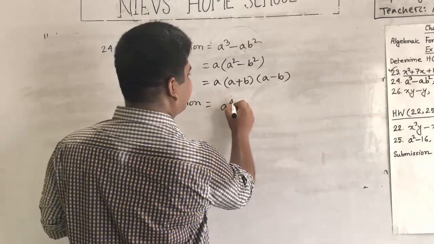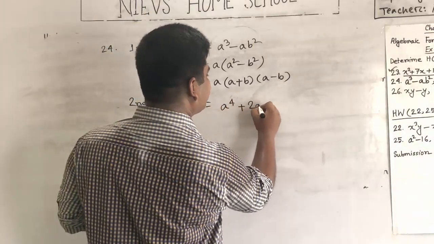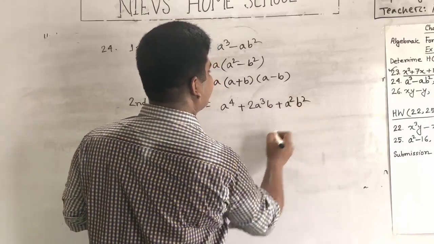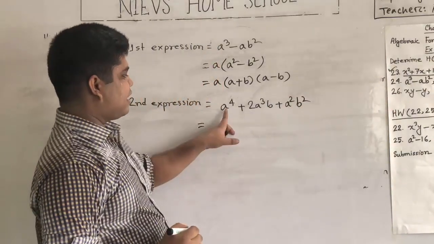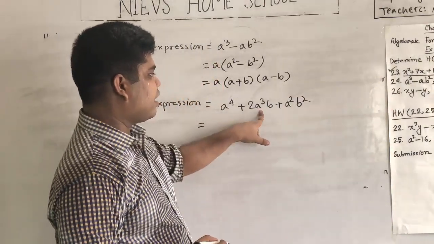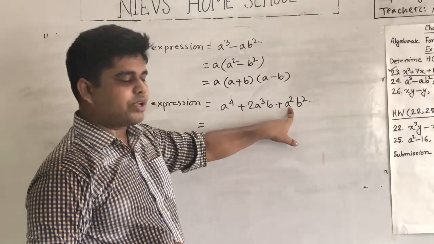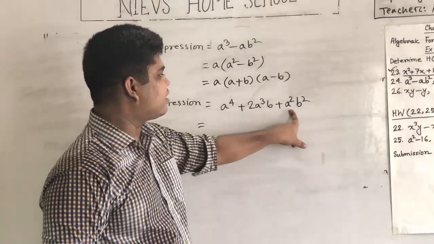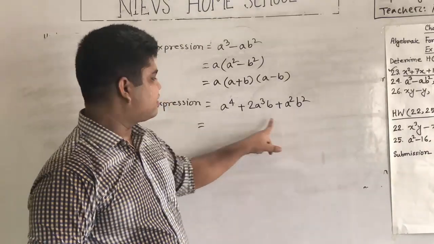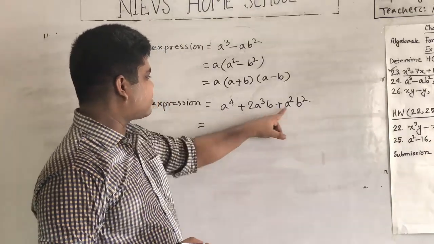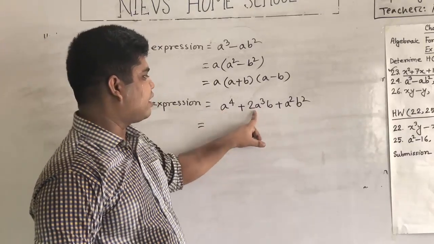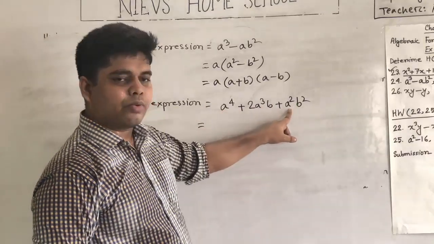Our second expression is a to the power 4 plus 2a cube b plus a square b square. Student, notice a to the power 4, a cube and a square. So we can say a square is common in all three terms. That means a square is common in a to the power 4, in a cube, and in a square.